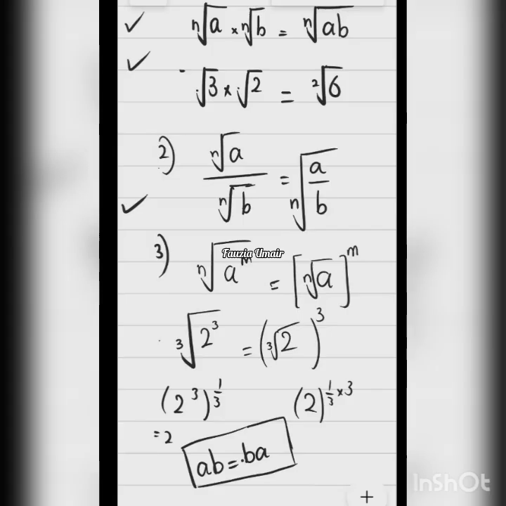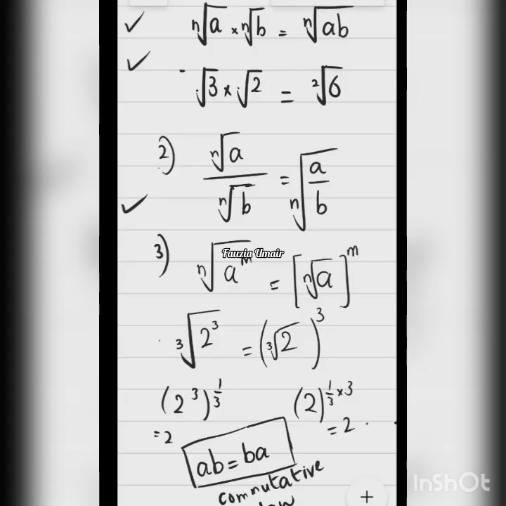This is called the commutative law. You need to remember, the commutative law holds for both addition and multiplication. So it does not matter if we write 3 first and multiply it with 1 by 3, or 1 by 3 first and then multiply it with 3. The answer from both sides is 2. So this is the third property, that it does not matter whether you take the power first and the radical later, because they are multiplied anyhow, and in multiplication order does not matter.